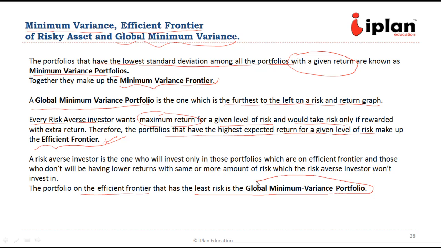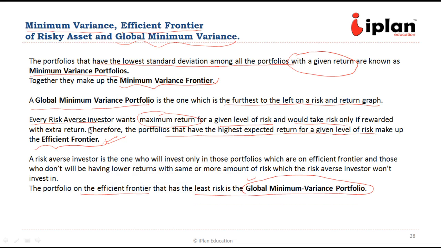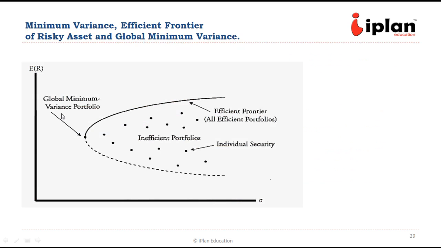For example, if we draw a chart with efficient portfolios where for a given return the risk is minimum or the standard deviation is minimum, the leftmost point will signify the global minimum variance portfolio, and all other portfolios below that will be inefficient.